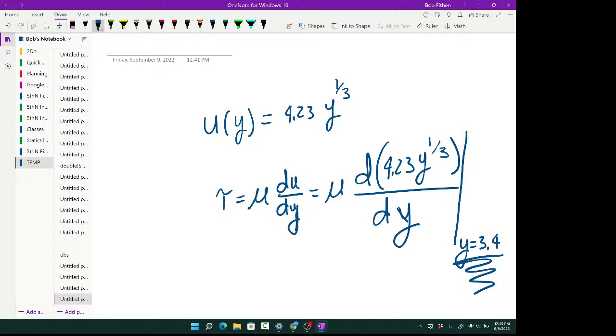And so all you're doing is just taking the derivative of the profile, which is that.